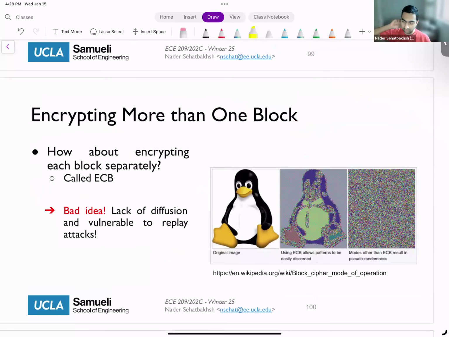The question with block ciphers is that the whole point of a block cipher is that we want to encrypt large blocks. Think about blocks as multiple pixels of an image, right? Each pixel is a number, or each group of pixels could be a number.